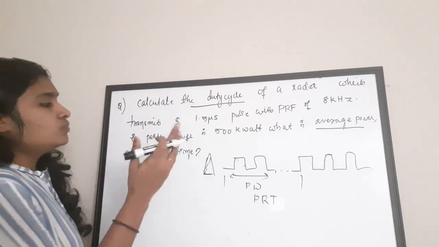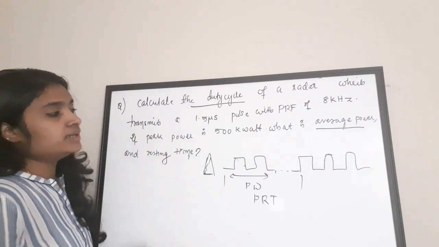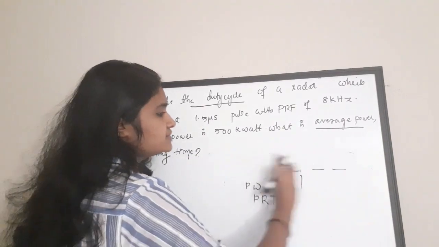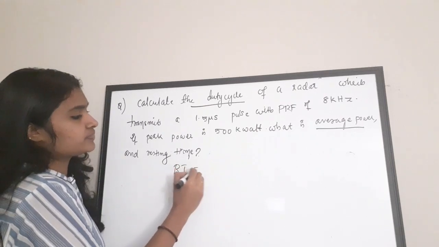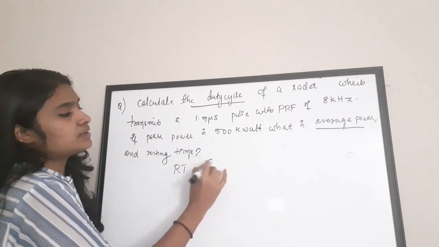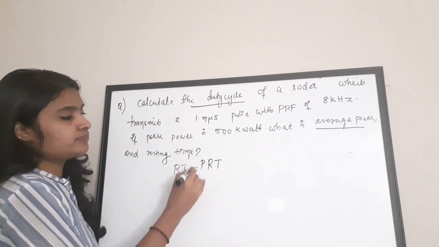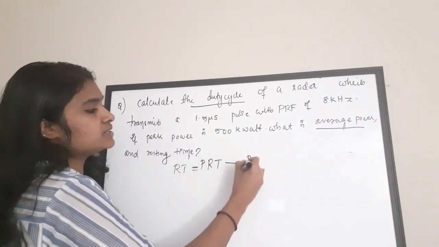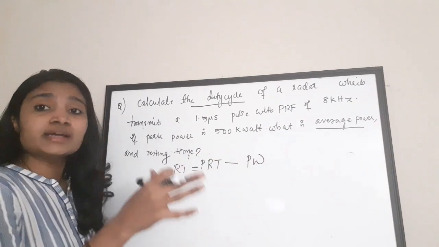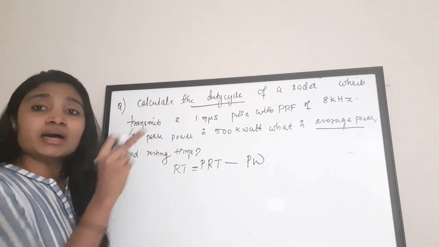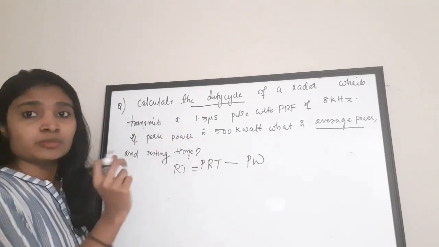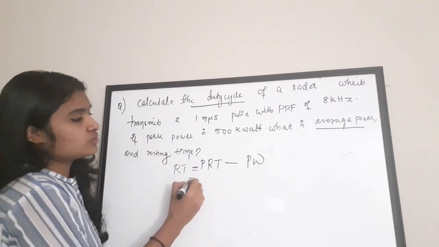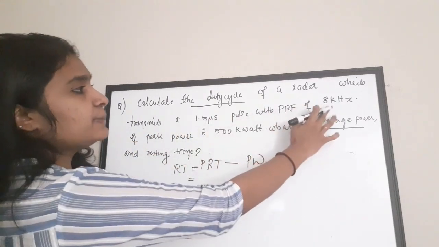Now, what is the equation to find the resting time? Resting time, RT, is given by pulse repetition time minus pulse width. That is, after what time the pulse is being repeated, minus the pulse's width, is called the resting time or the gap. Here we have been given the pulse repetition frequency.